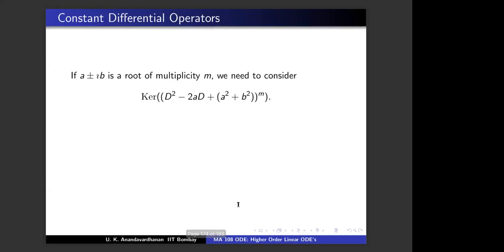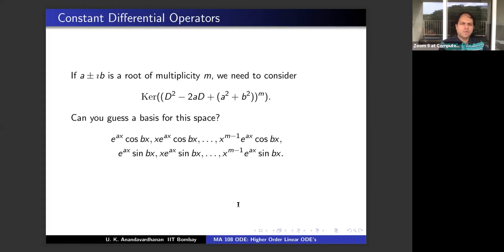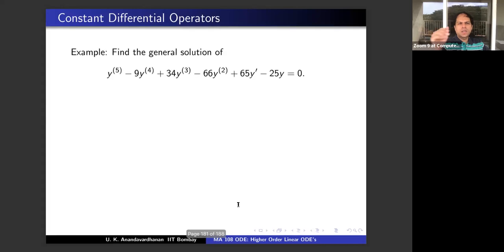So you need to consider this power m, and you have guessed it absolutely correctly. You will multiply by x, x square up to x power m minus 1, and then similarly for sin bx. And as an exercise, you need to check this. So how will you check this? Check this using induction, exactly like earlier we have checked this. Okay, so I leave it as an exercise, and let's do one example.